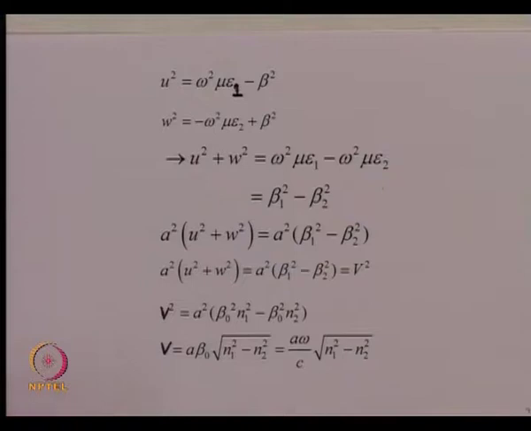Why is it a characteristic parameter? Because there are only three quantities involved in defining this optical fiber: the refractive index of the core, the refractive index of the cladding, and the radius or the diameter of the optical fiber core.